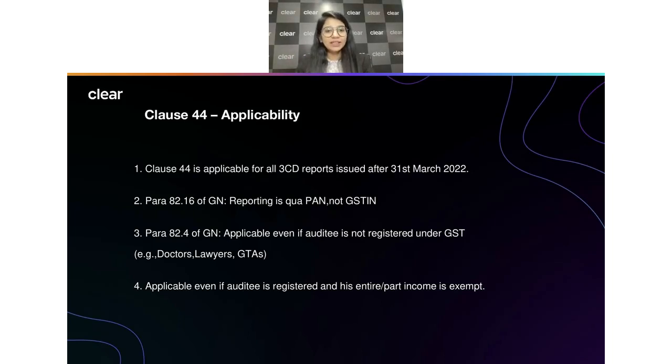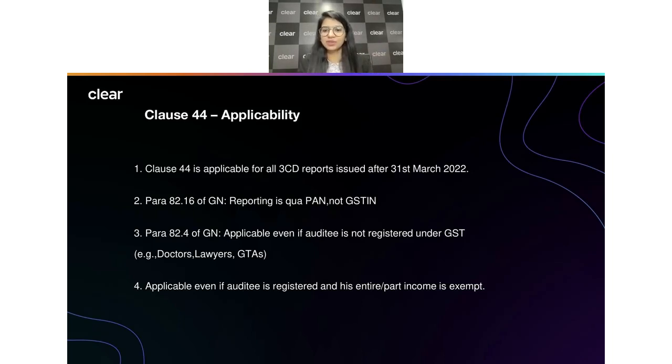But before that, another question: is this clause 44 dependent on whether I, as an SSE, am registered or not registered? Maybe you all can answer whether reporting the information in clause 44 is dependent on whether I, as a person, am registered under GST or not.